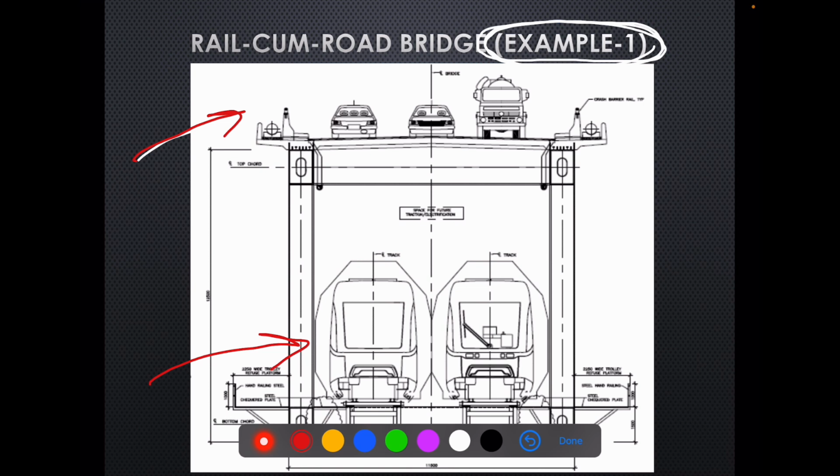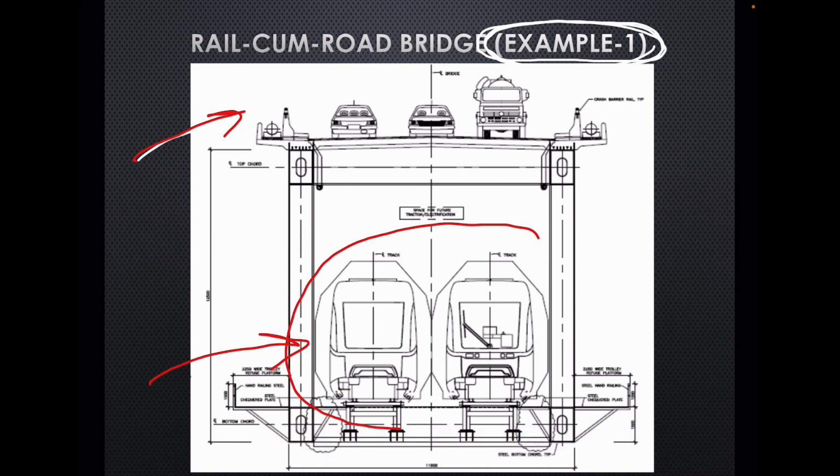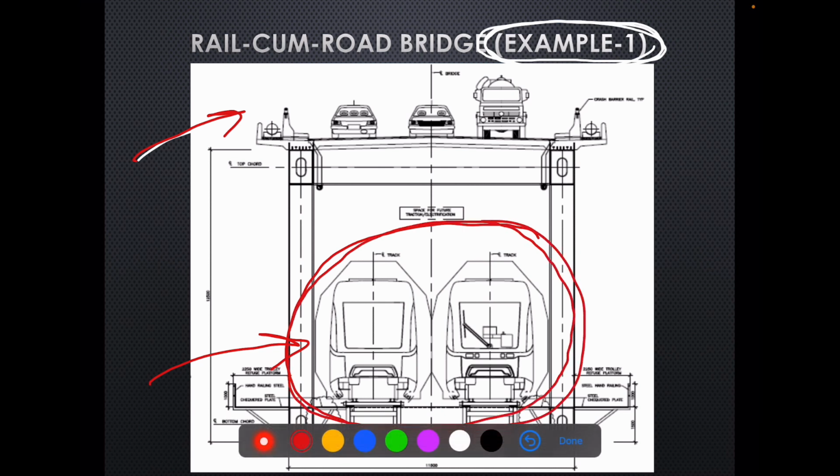And overall stability is also good if the heavier loads are placed at the lower levels. So that's why in a typical rail cum road arrangement, it is a common prudence to adopt this arrangement where rail traffic is kept at a lower level and road traffic is kept at upper level.